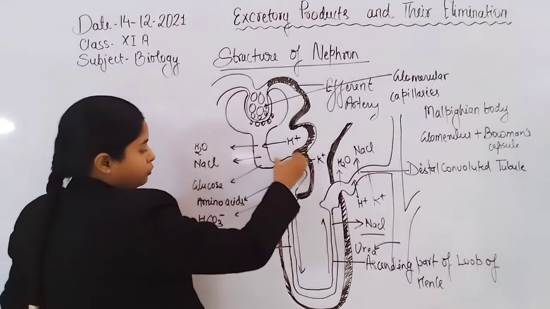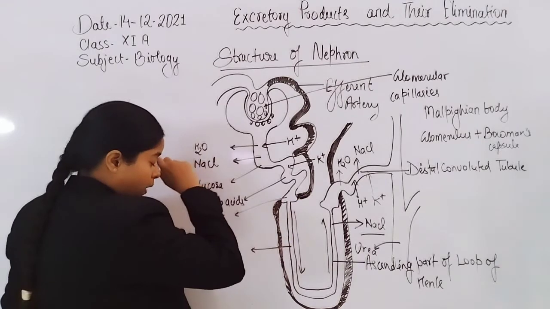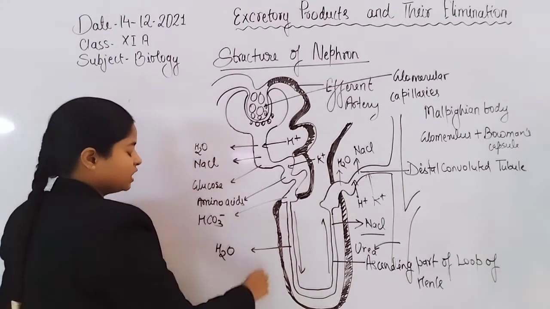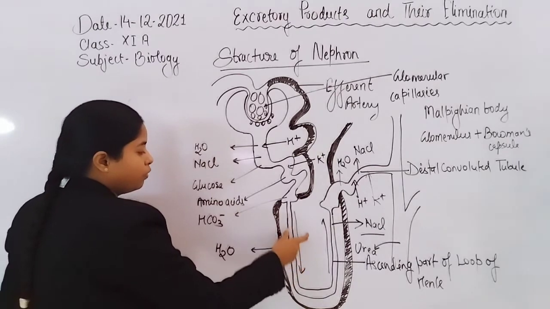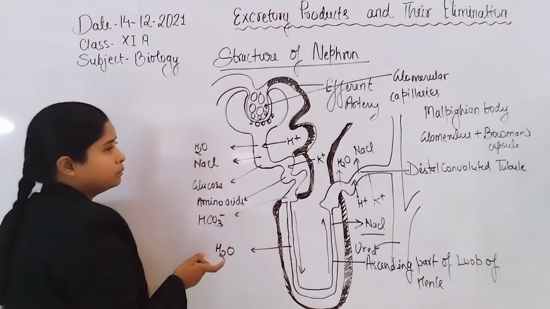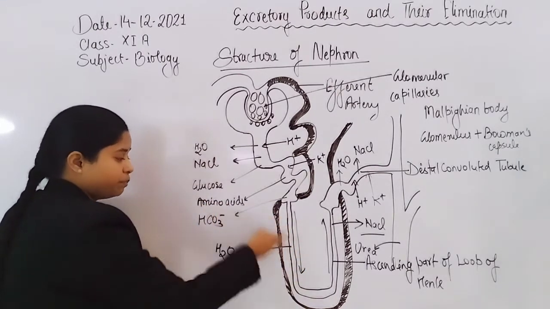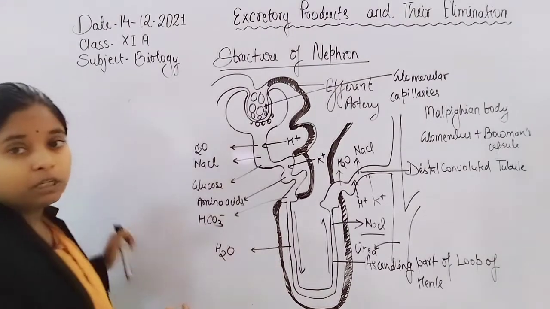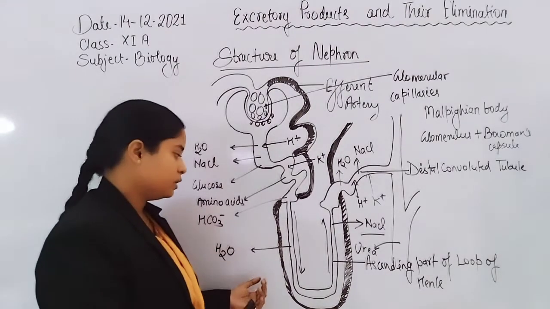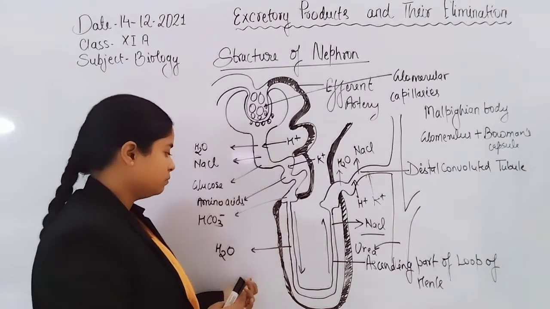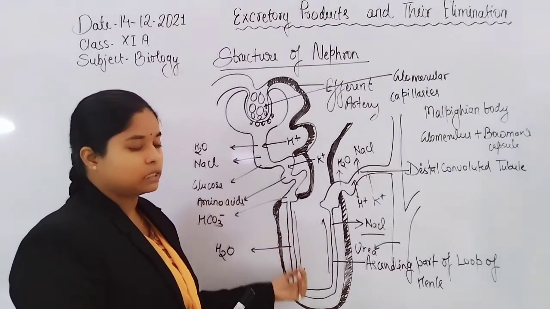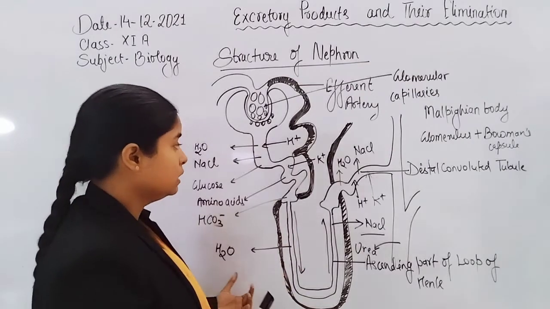Then the fluid passes into the descending part of the loop of Henle, which is impermeable to sodium chloride and permeable to water. That is why water is reabsorbed by the descending part of the loop of Henle.